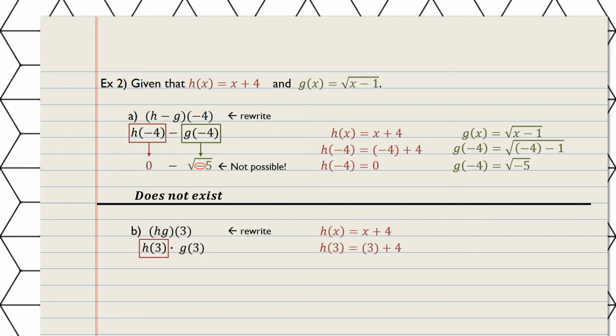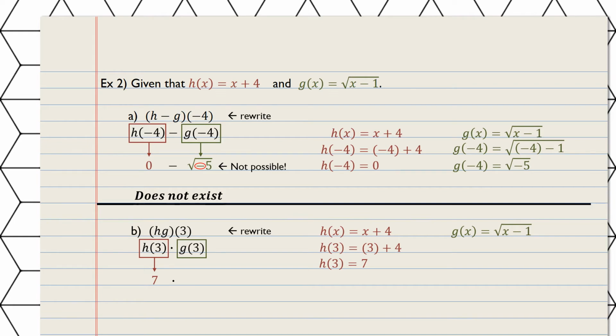And every time you see x, we plug in a value of 3. We follow PEMDAS, but the only thing we can do is add 3 plus 4, which we know is 7. So h of 3 can now be replaced with the value of 7. We keep the same operation, which is multiplication, and we move to the next function, which is g of 3.